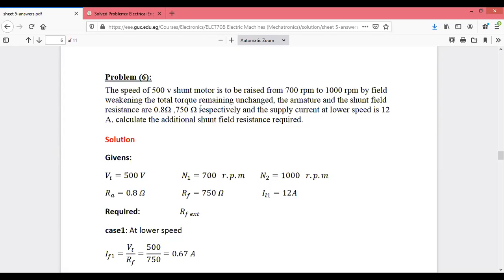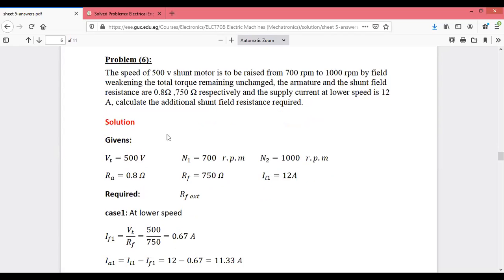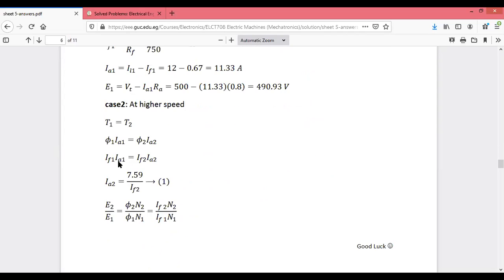Armature and shunt field resistance they have given, and supply current they have given. So here we can take the value of field current for lower speed and higher speed as the same. At that time you can take it as If squared, so your equations will become this. If you write the values for phi2, phi1, N2 and N1, you can reconvert phi in terms of field current.